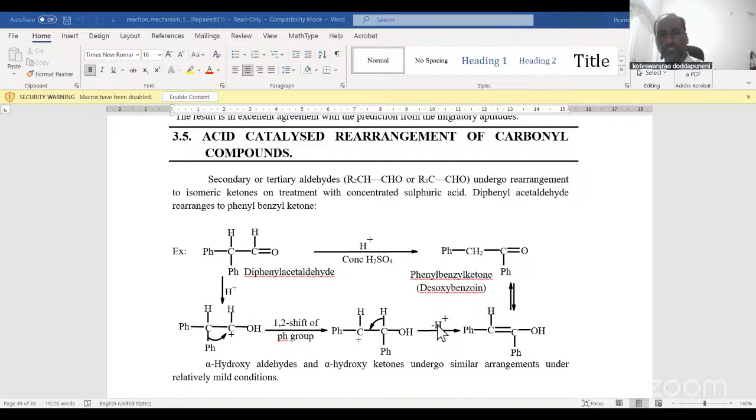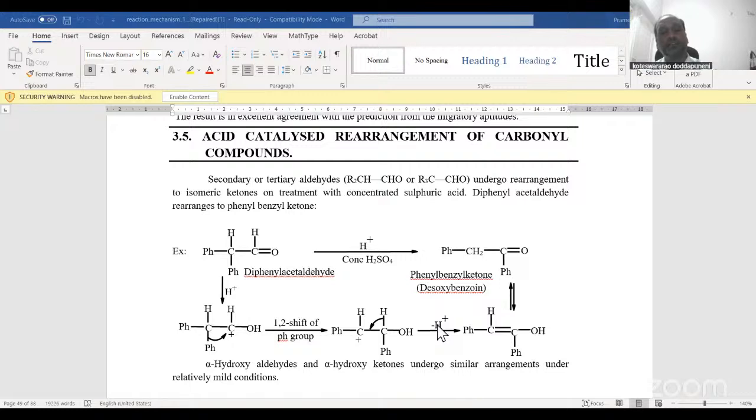Coming to the mechanism of this reaction, first protonation takes place at the oxygen of the aldehyde. Then it leads to the formation of a carbocation, meaning the aldehyde carbon is converted into a carbocation.